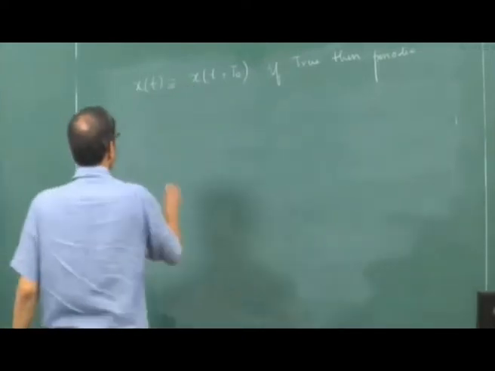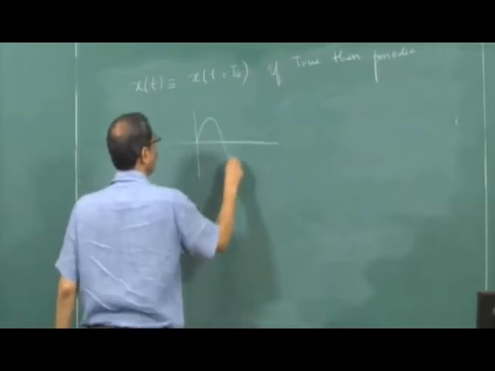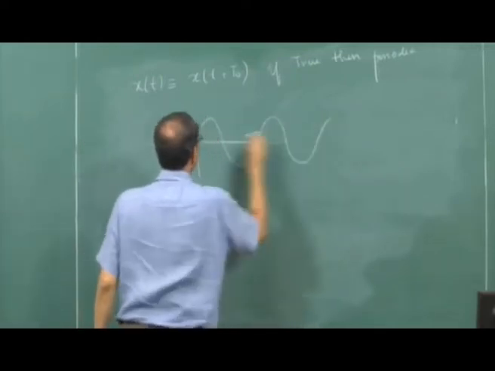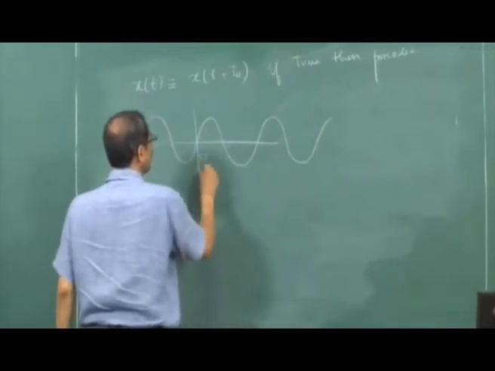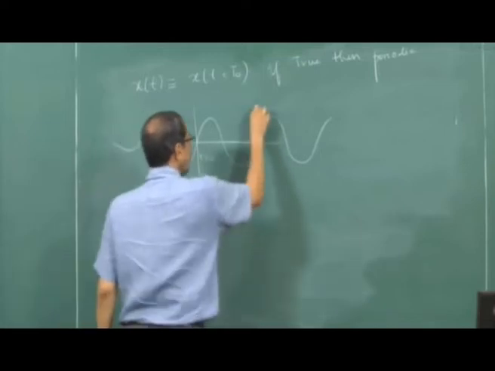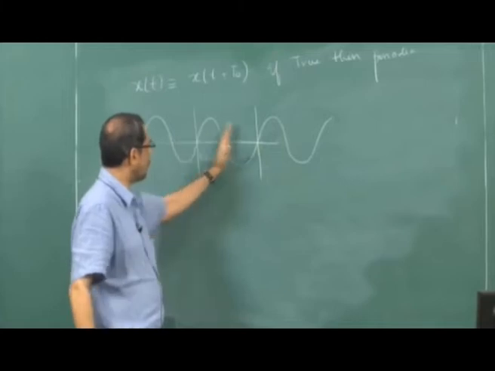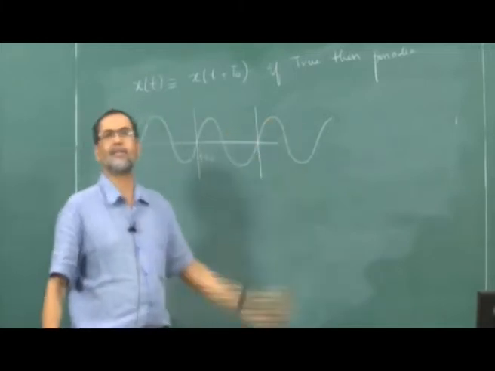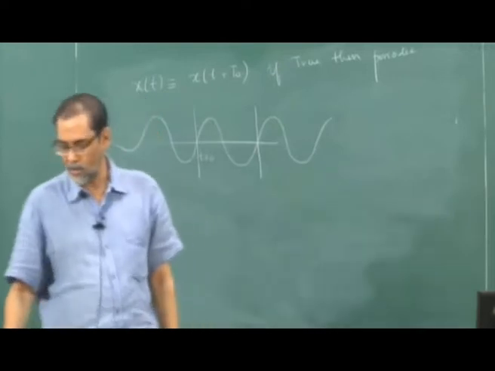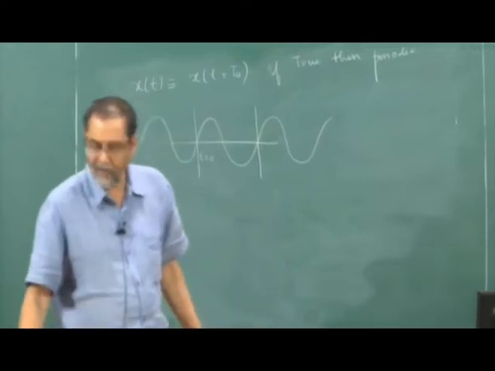So take the example of a sinusoid. Let's say this sinusoid signal goes on forever. This is t equal to 0. Let's stand here. Whatever view I get at this point, I get the identical view on this side. So it is indistinguishable for some value of T naught.